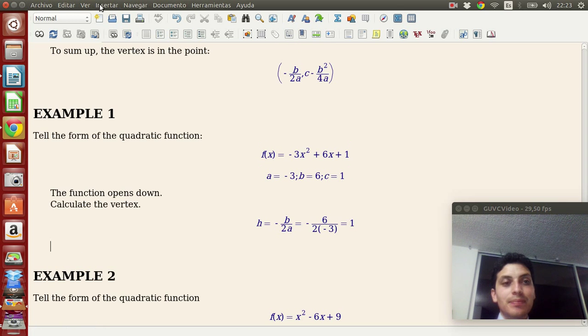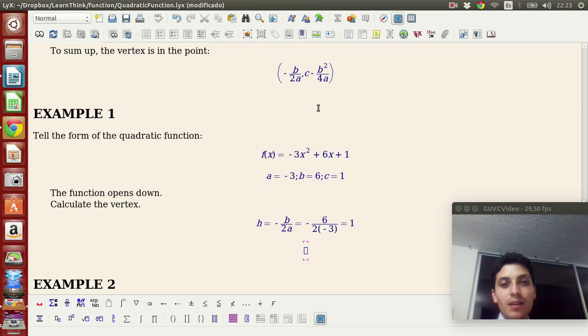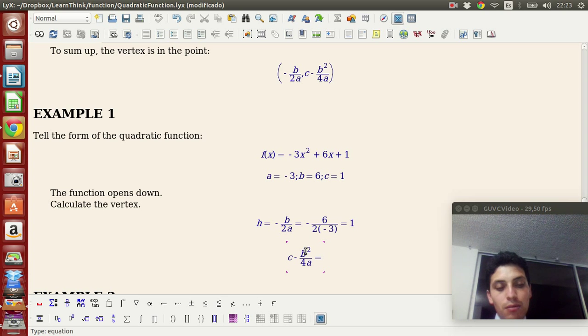And z is minus b squared divided by 4a. So we have z equals 1 minus b squared, 6 to the second power is 36, divided by 4 times a, which is minus 3.